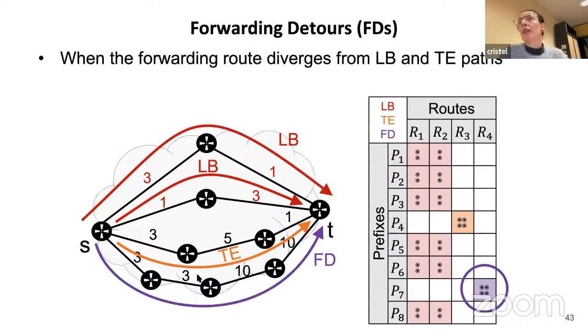A forwarding detour looks more or less the same as traffic engineering: it's a path that does not follow the shortest IGP route. We want to detect these cases. It may be traffic engineering or a forwarding detour, and our aim is to detect when it's problematic, so when it's predominant in the network.